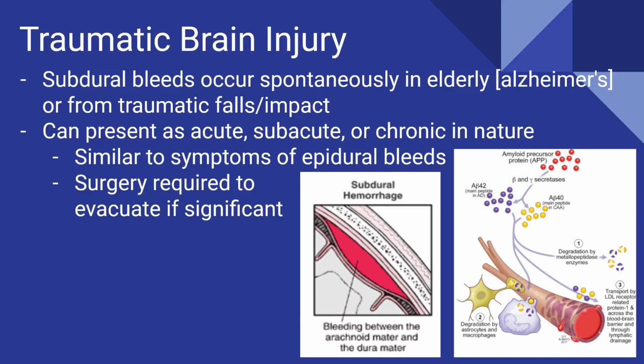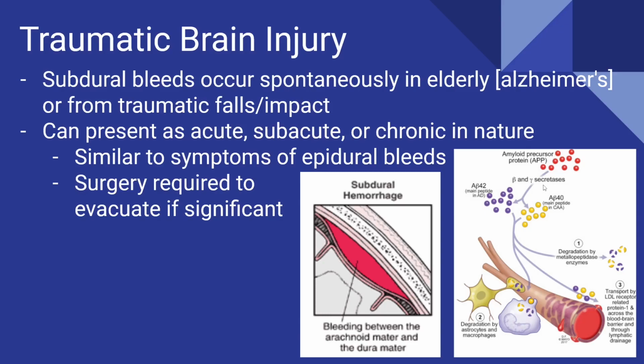One thing that happens in Alzheimer's is you get these amyloid precursor proteins, and it'll start to break down the vasculature of the brain. They'll also destroy some connections, which is where you see a lot of the symptoms of Alzheimer's. And so what ends up happening is you get these burst weak vessels because of the severity of the disease.